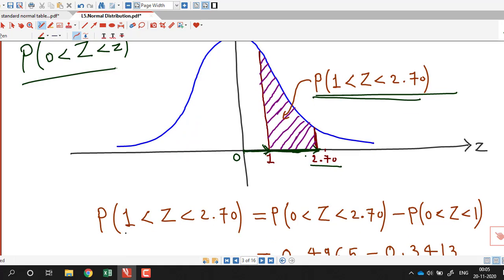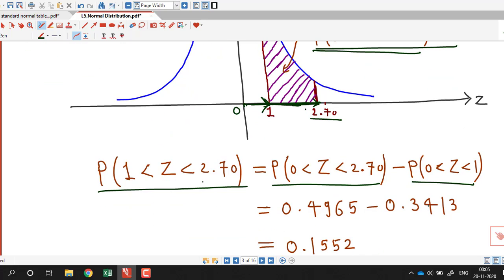So here I have written the probability that z lies between 1 and 2.70 is the probability from z equal to 0 to 2.70, but I require this shaded area only, so I have to subtract the area between z equal to 0 and z equal to 1.